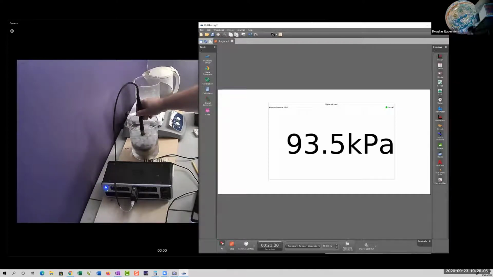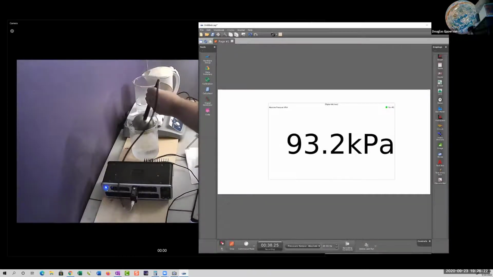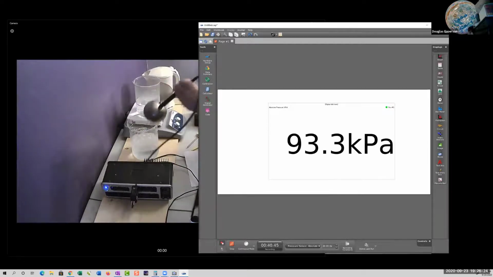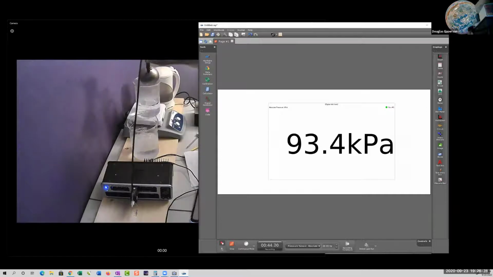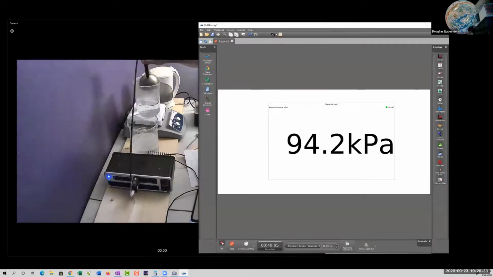So run number 1, 0 degrees Celsius, 93.4 kilopascals. All right. Still run number 1. Data point number 2. Well, maybe I need to bring this a little closer here. 100 degrees Celsius.